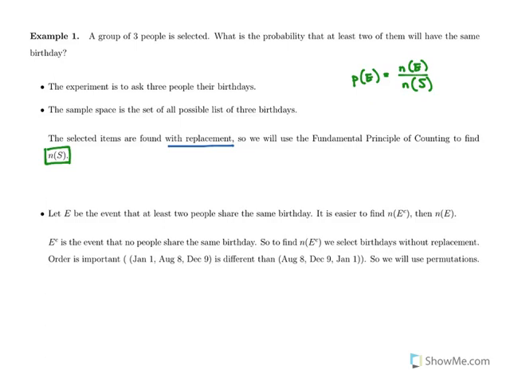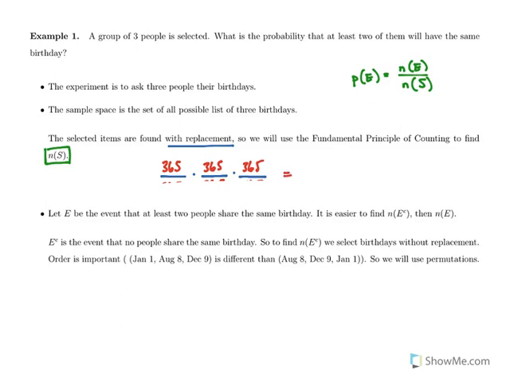So we're going to think about with replacement. And we can think about there are 3 things that we're going to put together. There are 365 options for the first. We're going to ignore the leap year just to make this a little bit easier. There are 365 for the second and 365 for the third. 365 choices for the first birthday, the second birthday, and the third birthday.